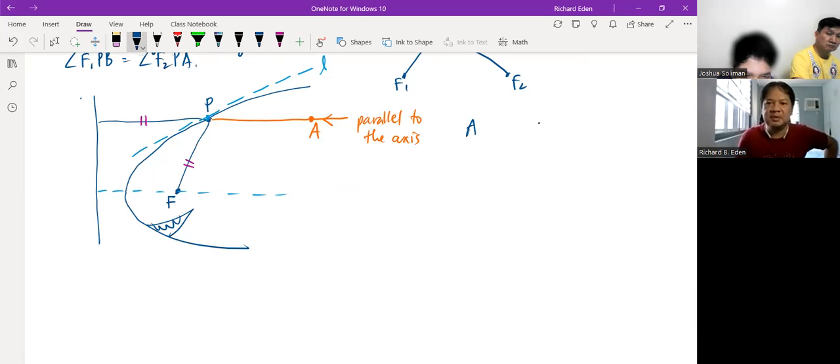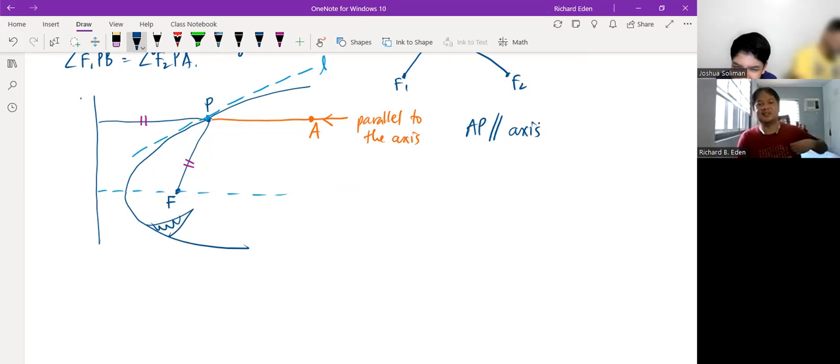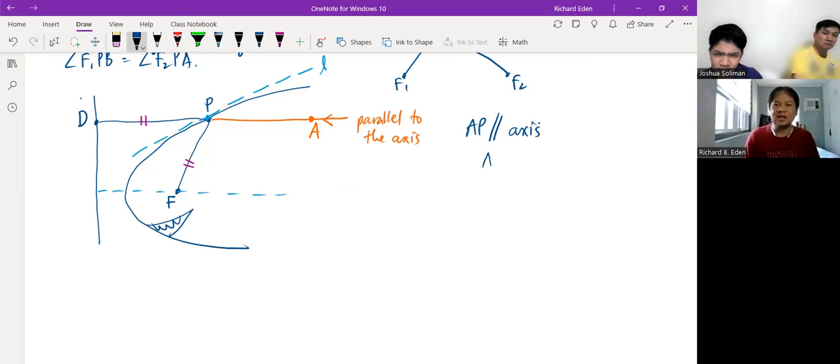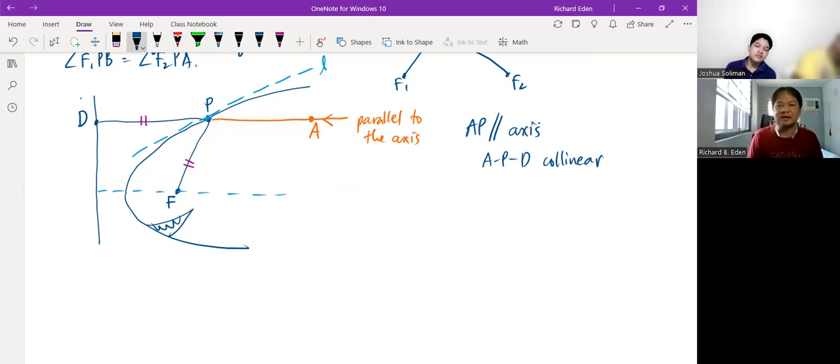AP is parallel to the axis. Then this is the point of contact, let's call this D. Alright, so A, P, D are going to be collinear points since they are all parallel to the axis, because there is a 90-degree angle here, and the directrix and the axis make a 90-degree angle.